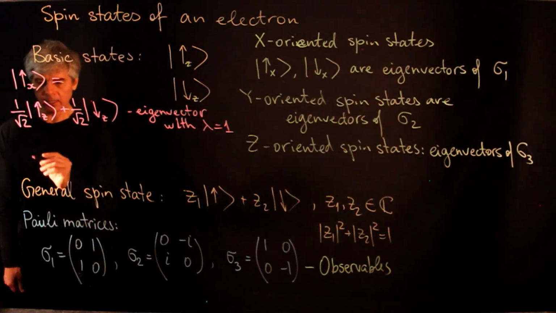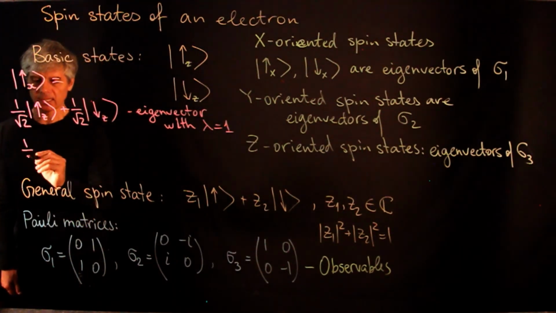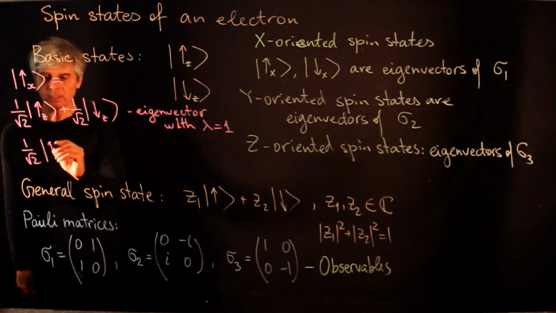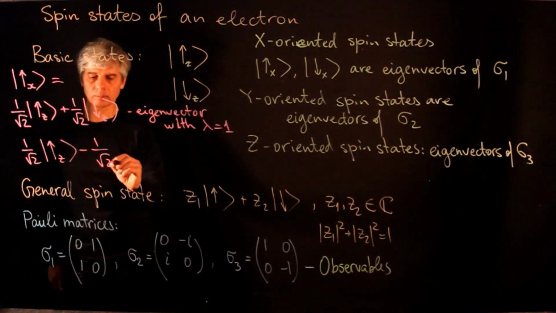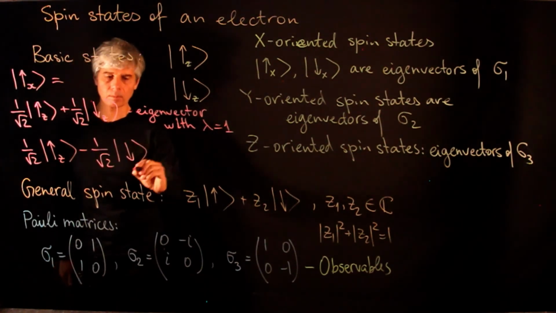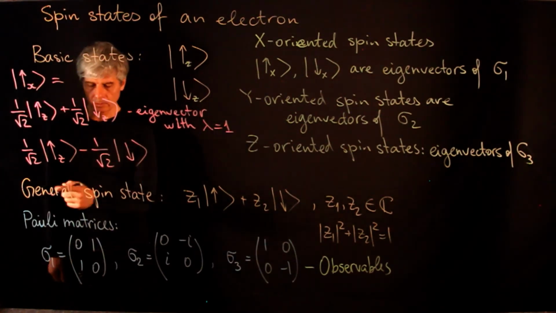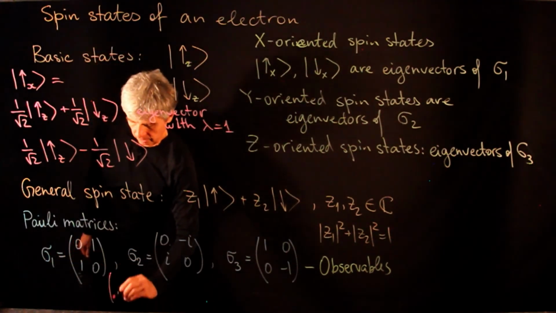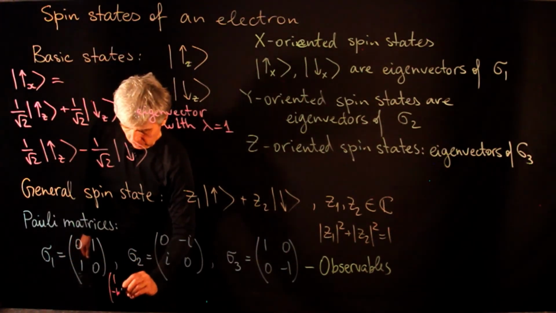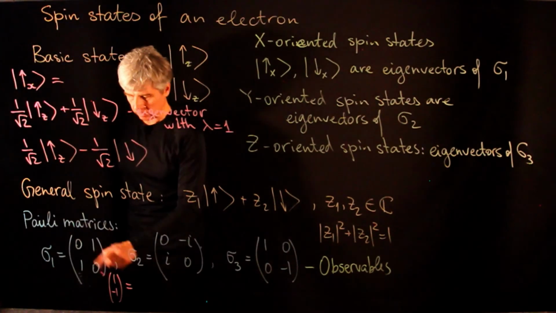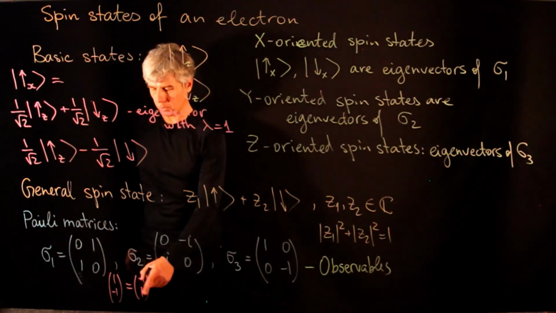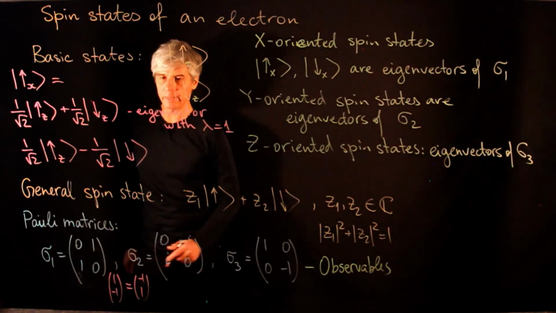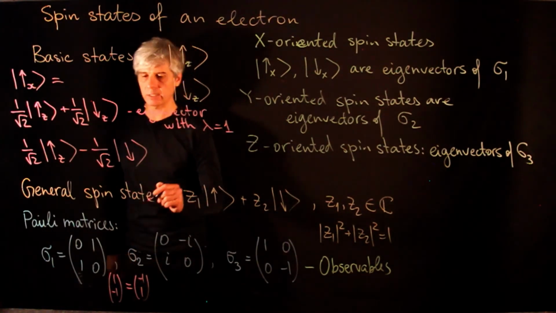And if we take instead the difference, then if we multiply this matrix by 1, minus 1, the result will be minus 1, 1. So what we see is that this is a -1 eigenvector.